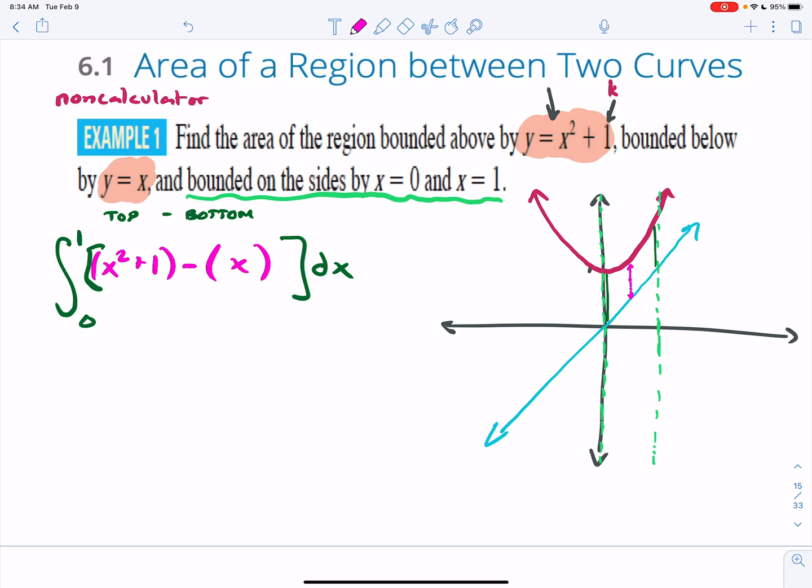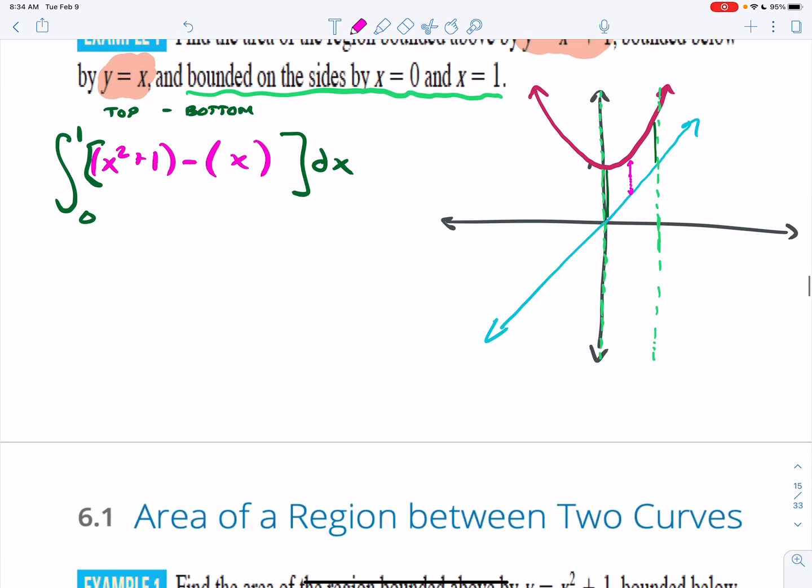Okay? So here is the easy part. We just have to integrate, okay? Now, these parentheses, since there's nothing in front of it and there's not multiple terms, we could actually make it easier and write it like that, okay? Now, when you guys have multiple terms, you do have to consider the parentheses, all right?